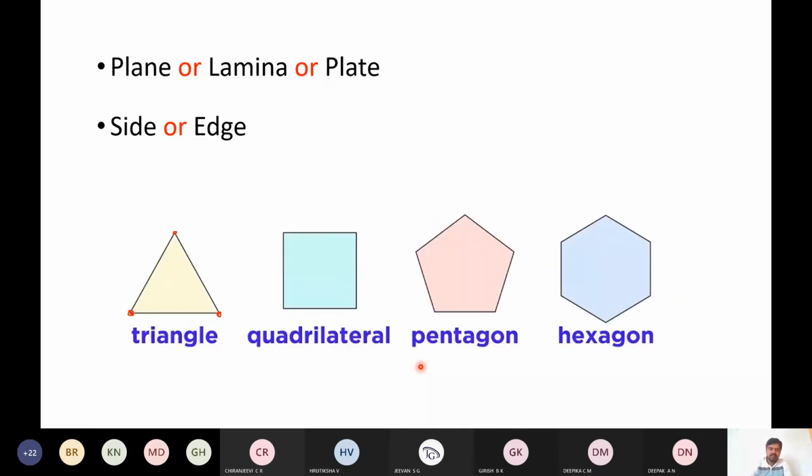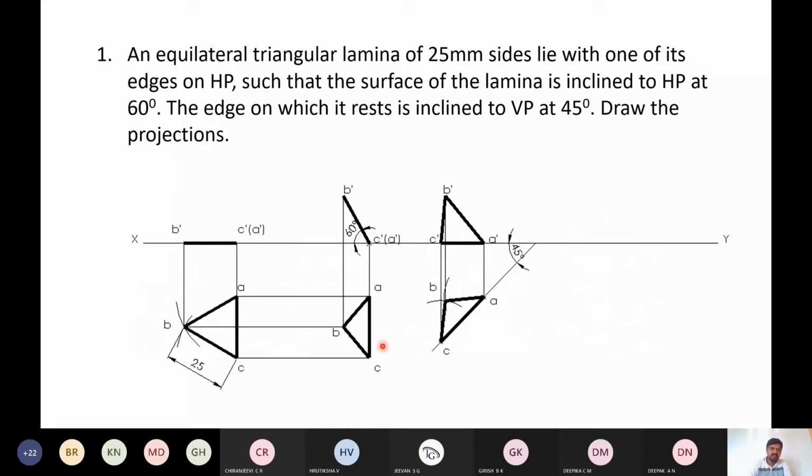Next, we are going to discuss the concepts of this unit with the help of problems themselves. First, consider the first question: an equilateral triangular lamina. While reading the question, you must be able to identify a few things.